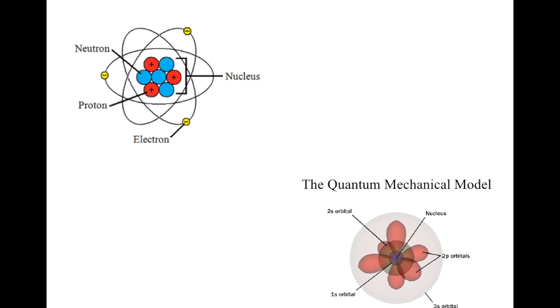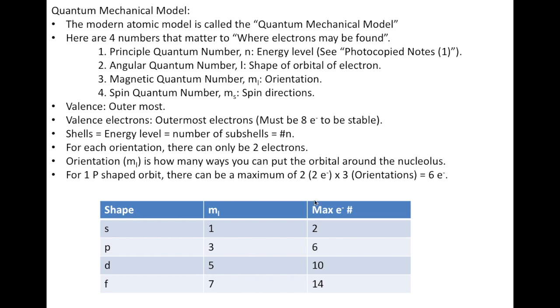Anyways, we're back. Like I said, a p orbital can be placed this way or this way. Basically, these are just different ways of looking at the p orbital. The p orbital has 3 different orientations.